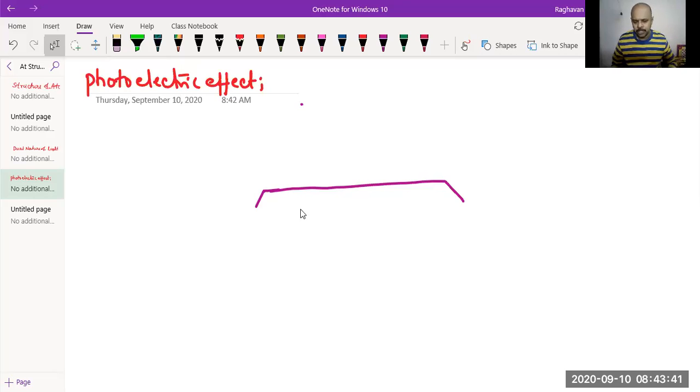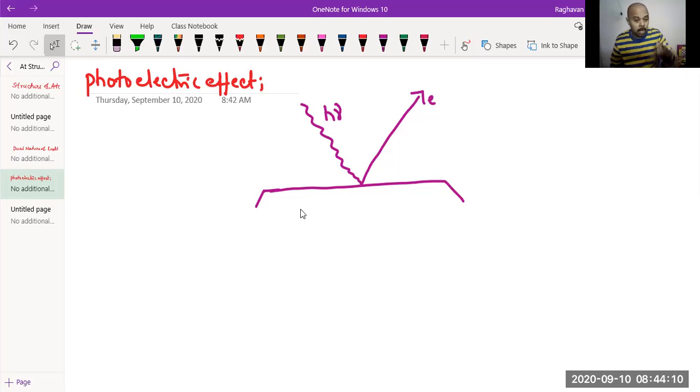When light radiation falls onto the metal surface, sometimes electrons are emitted. Light radiation of energy h nu, when it falls on a metal surface, electrons will be emitted.